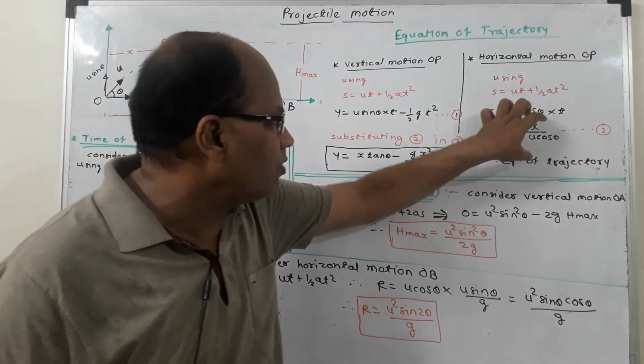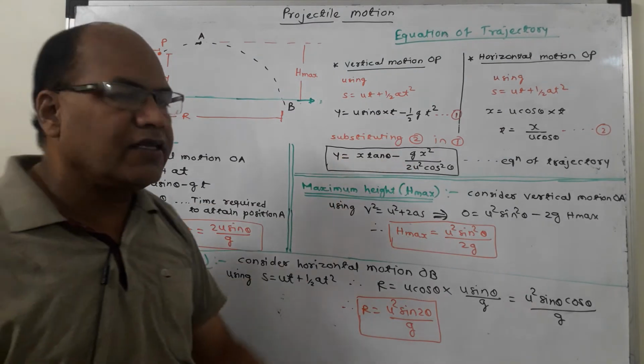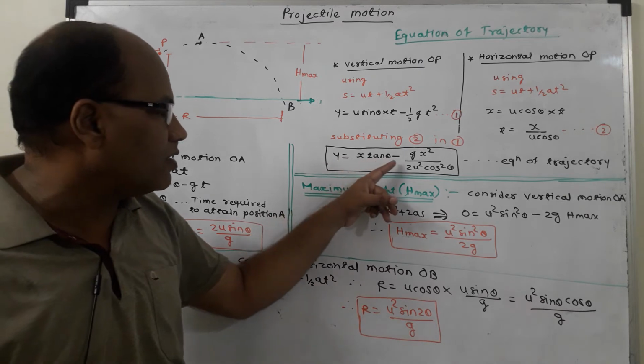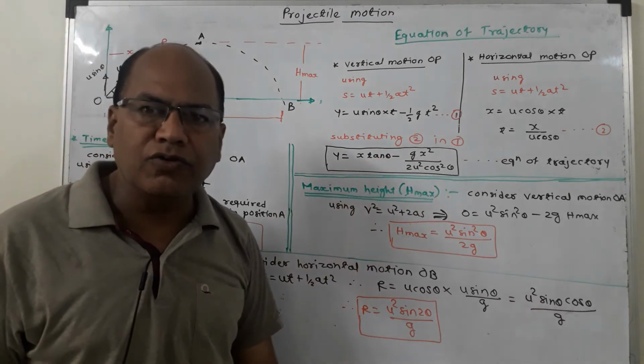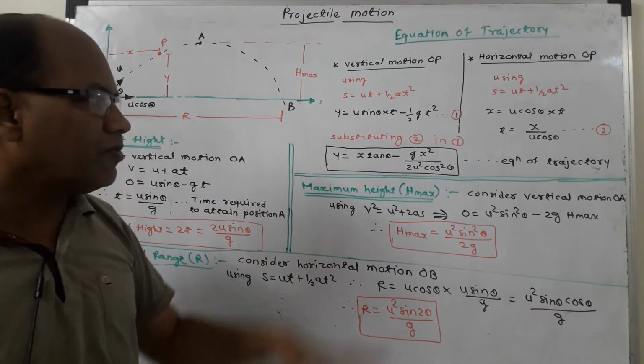Now if I substitute the value of t in equation number 1, I will get the equation of trajectory, which is of the form y is equal to x tan theta minus gx square divided by 2u square cos square theta. So this equation is called the equation of trajectory.